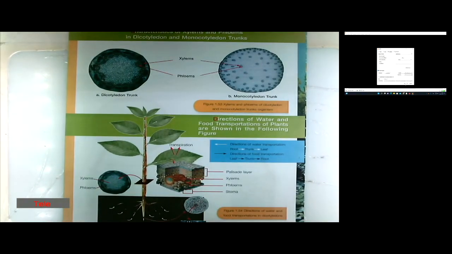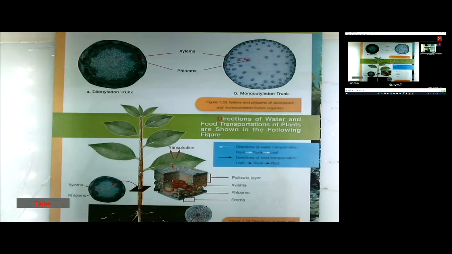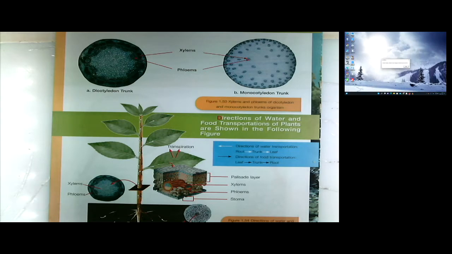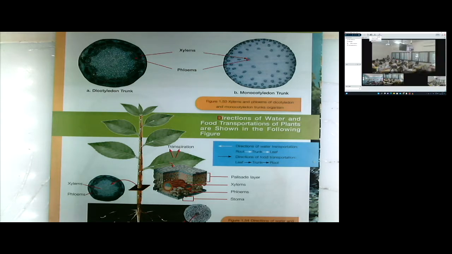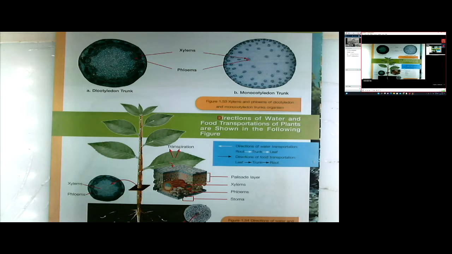Right, last week we didn't manage to have our lesson. We are continuing with our lesson on transportation system in plants. Something wrong with the signal.